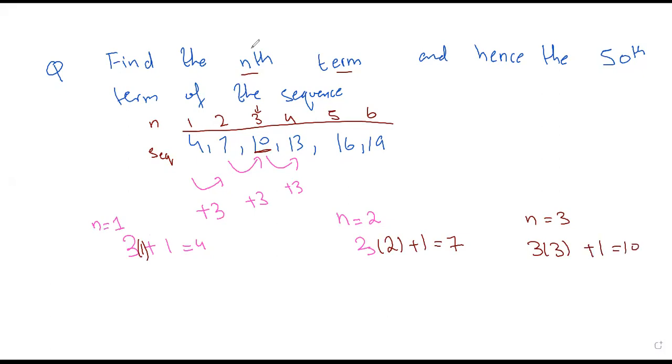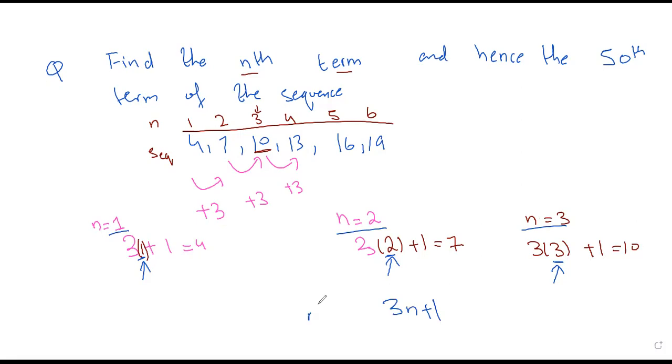Okay. So what do you guys see? We can clearly see for n equals 1, we have 3 into 1 plus 1. Focus on this 1. For n equals 2, we have 3 into 2 plus 1. So focus on this 2. And for n equals 3, we have 3 into 3 plus 1. Focus on this 3. So whatever the n value is, it is coming over here, okay? So this way, we can see that for the nth term, it would be 3n plus 1.